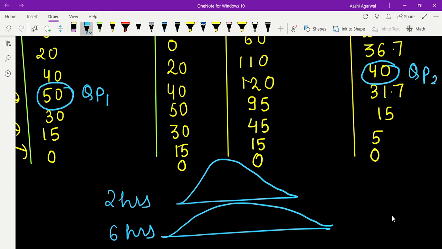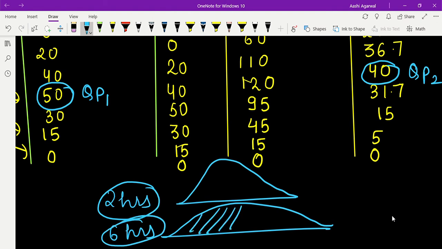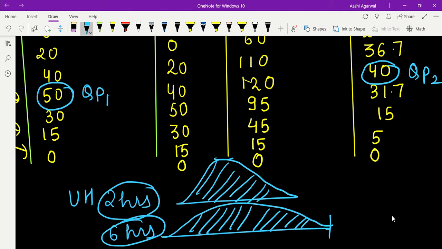So the same rainfall comes in different durations, the volume is the same. Here the time base will increase and here the peak will increase. If these two shaded areas are the same, in this case the peak will be more, in this case the time base will be more. This is for the 2-hour UH, this is for the 6-hour UH. I hope you understood.